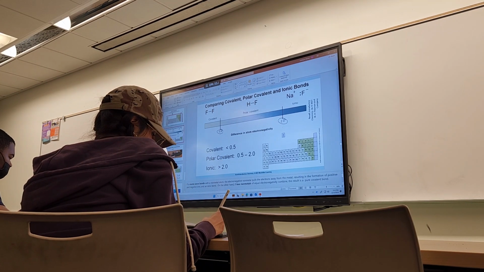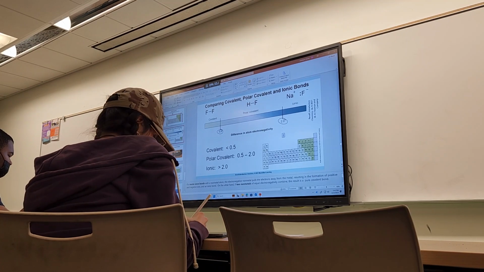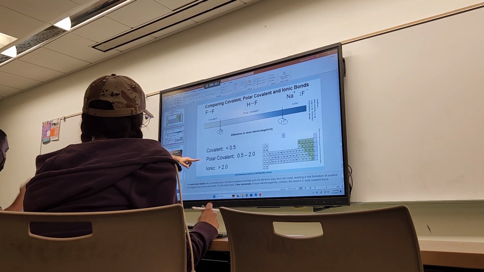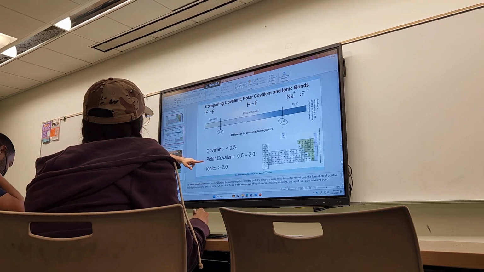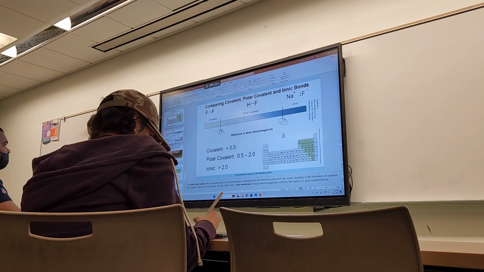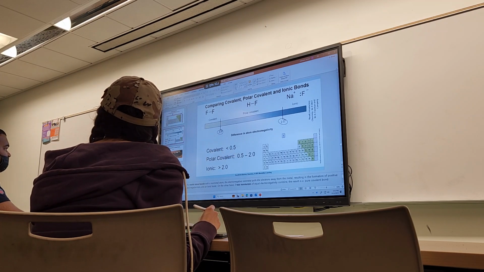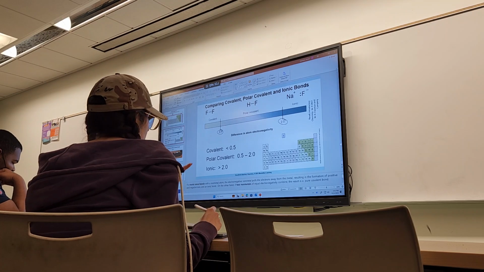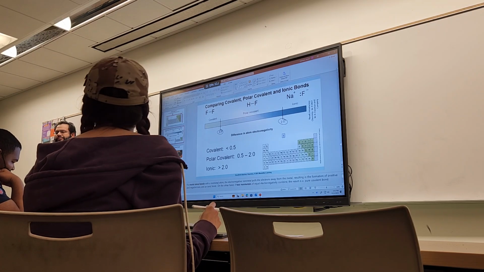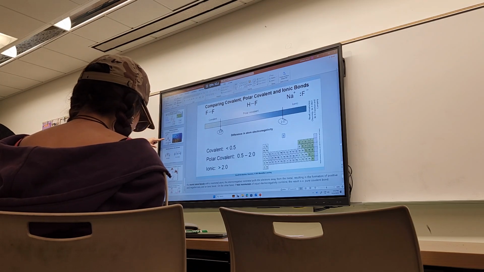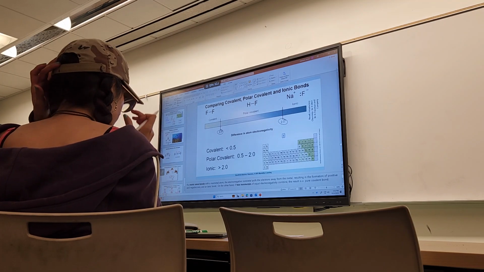And anything higher than 2 is going to be an ionic compound. So 2 and 0.5 are included in polar. Polar includes the 0.5 all the way up to 2. Below 0.5 is covalent, and above 2 is ionic. That is for the specific bond.